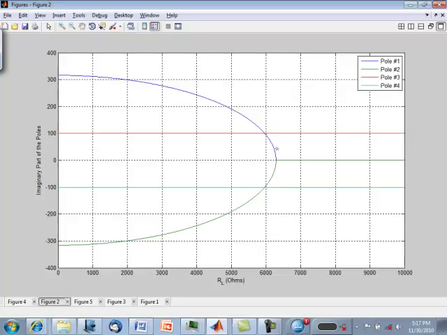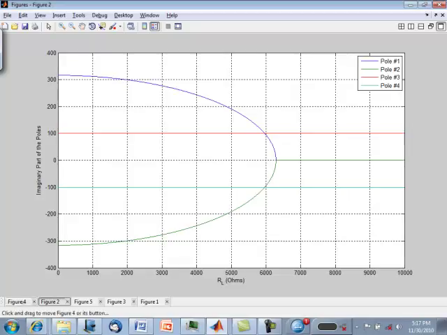So by changing RL, we can change the output. On the other side, as RL is greater than 6000, the output will have the cosine due to the input, this 100 rads per second cosine, and no imaginary part for the other part of the response, so you would only have these two decaying exponentials.